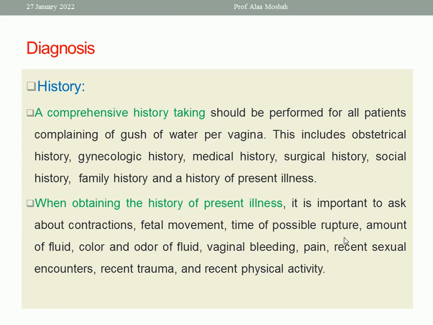What is the color? Is it watery or not? What is the odor of the fluid? Is it associated with vaginal bleeding or not? Is it associated with pain? Is it preceded by sexual intercourse? Or is there a history of recent trauma to the abdomen or recent physical activity?